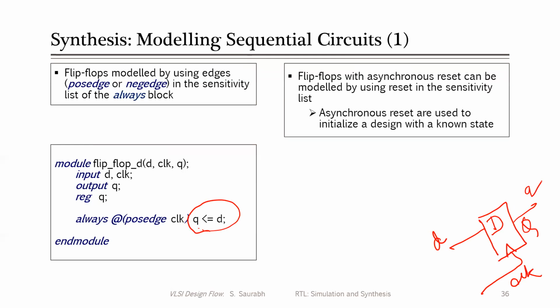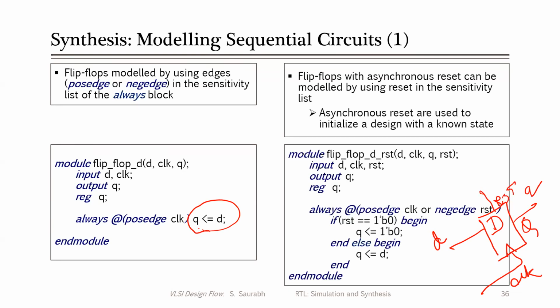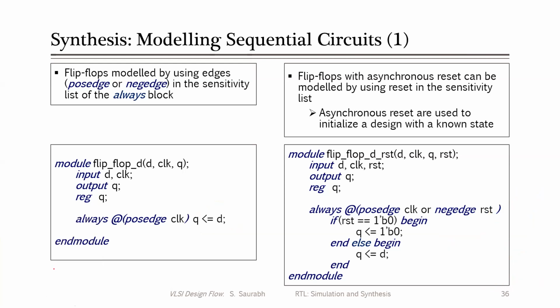Now, if you want to have an asynchronous reset, meaning that you also have a reset signal here, and whenever reset is low, and it is sensitive to it, then you put negedge reset there, right? If you put negedge reset here, then it will create an asynchronous reset, meaning that either posedge clock occurs or negedge reset occurs, and this block will execute.